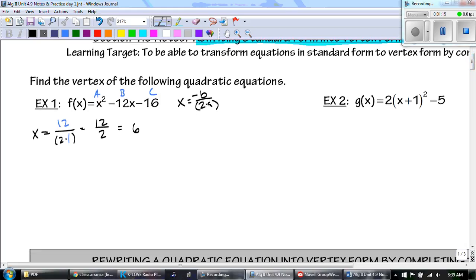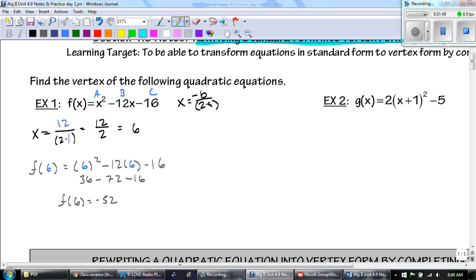Now to find my Y value, I have to plug in 6 into this equation. Six squared is 36, minus 72, minus 16. And then let's see, 36 minus 72, minus 16, and we get negative 52.